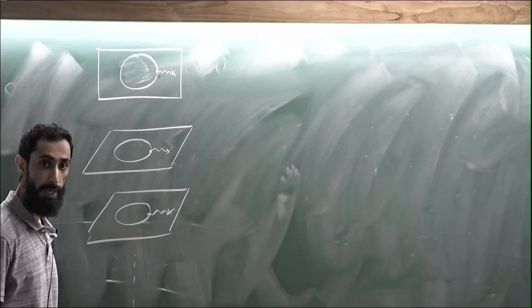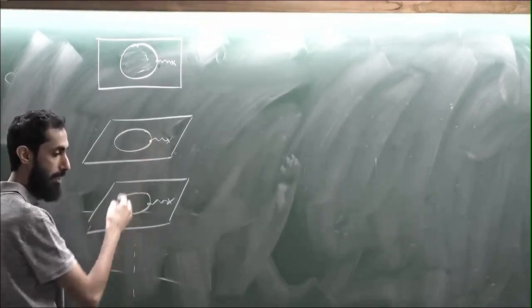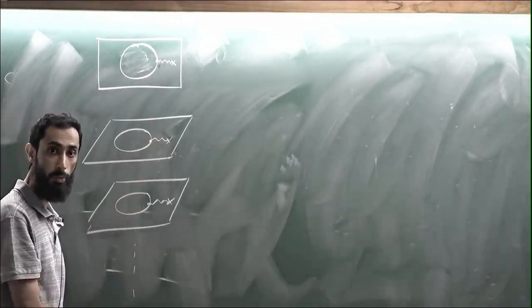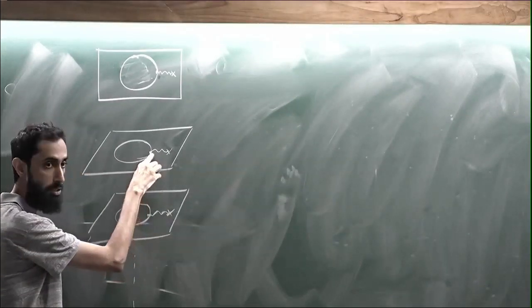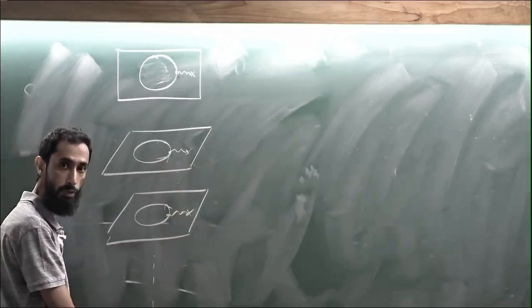So the asymptotic AdS boundary is not a product of circles. It's one big circle, right? So if you go in here, you touch this point, you come out there, and so on and so forth.